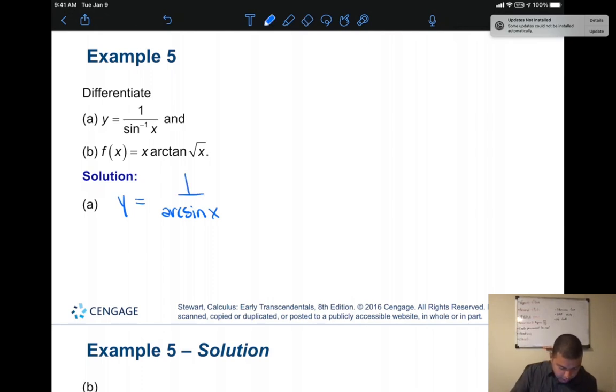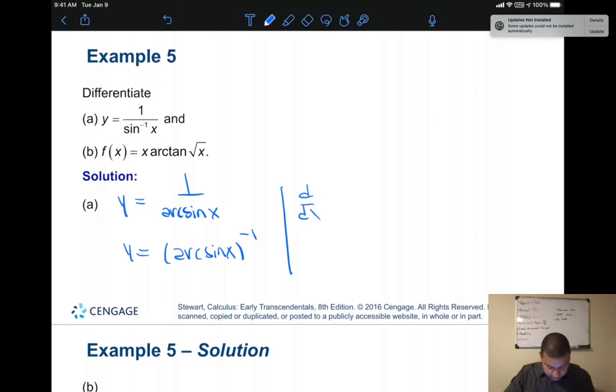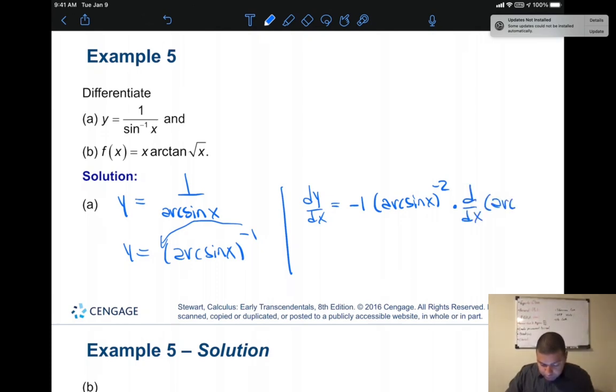And now I can say y equals arc sine of x to the minus 1, right? So now I can say dy dx will be, first the power rule, the minus 1 comes out, so minus 1 times arc sine of x, and I subtract 1 from the minus 1, it becomes a minus 2, times the derivative of the inside from the chain rule, right?